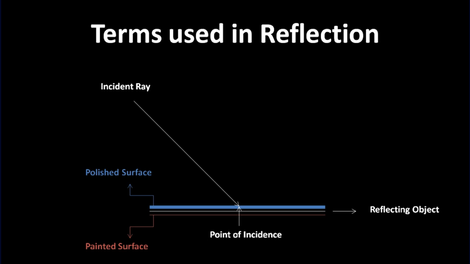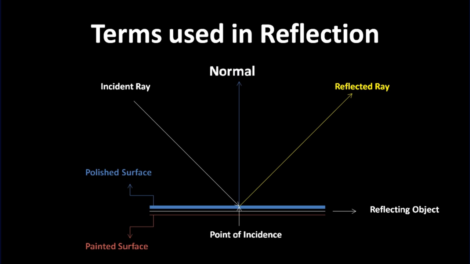After striking the reflecting object, the incident ray goes back into the same medium, and now it is called the reflected ray. At the point of incidence, we draw a hypothetical line which is perpendicular to the reflecting object.